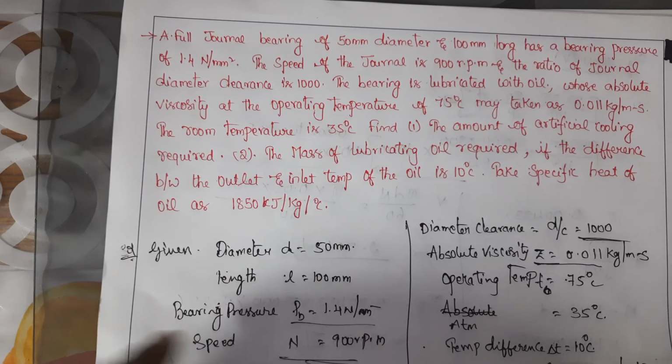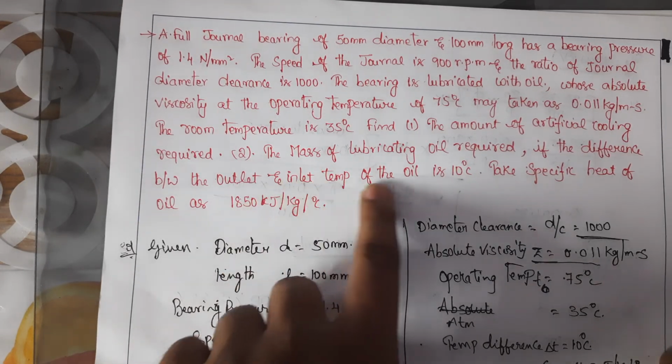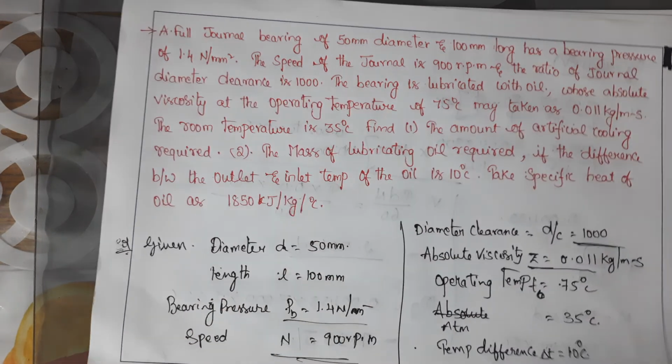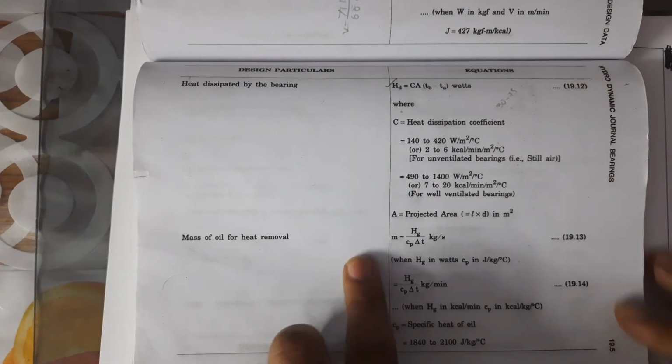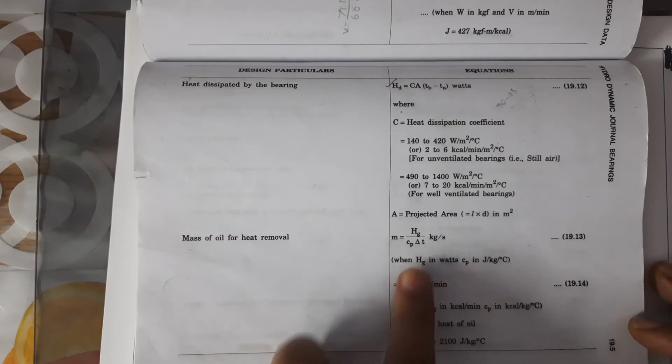The next question that we have to solve is the mass of lubricating oil required. The mass of lubricating oil required can be solved using the formula M is equal to Hg by Cp into delta T. Hg is nothing but your heat generated. In the question itself he has mentioned the Cp value, that is the specific heat.